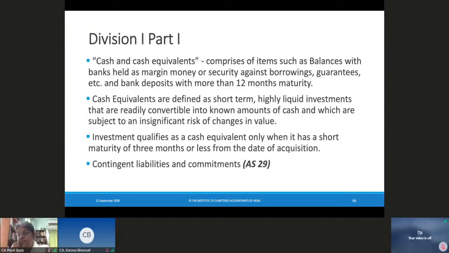What could be the various deferred payment liabilities? Any idea? Can you post an answer?